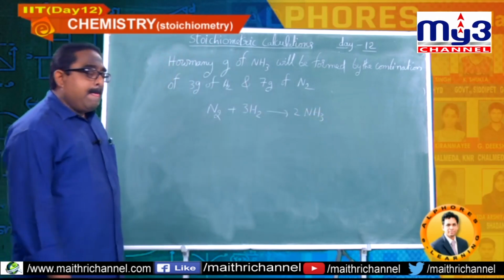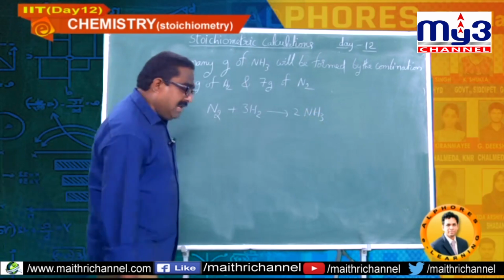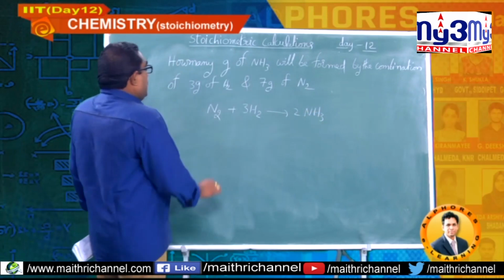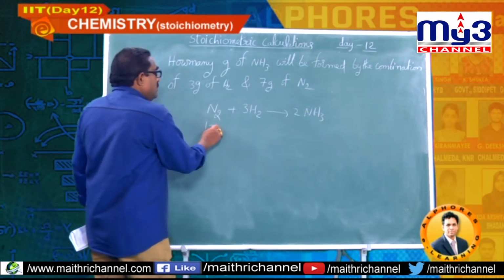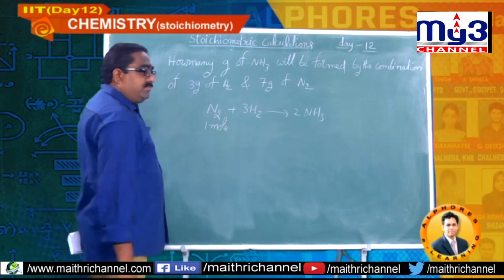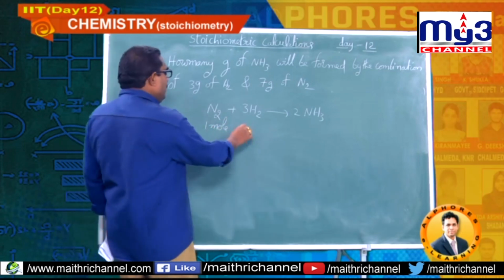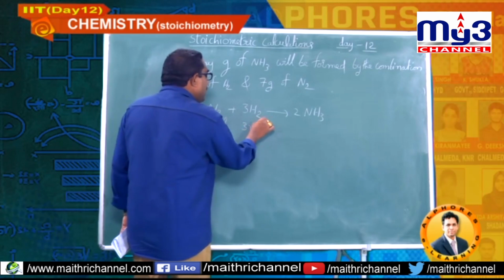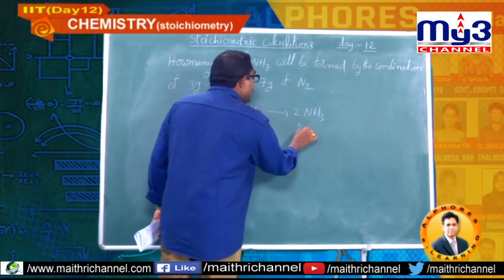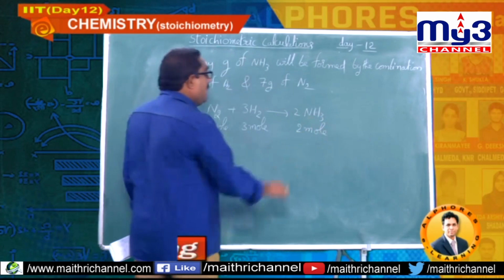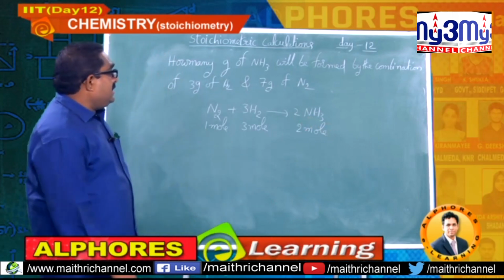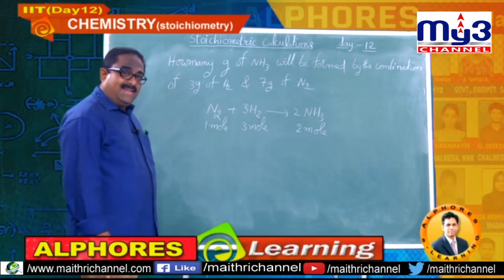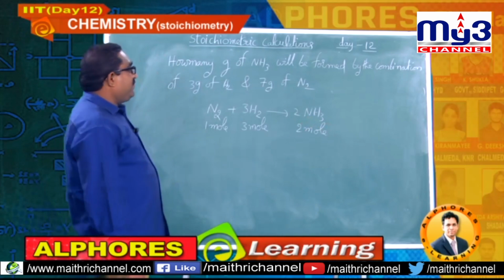This is the balanced chemical equation. Now I am writing moles. 1 mole of nitrogen combines with 3 moles of hydrogen to form 2 moles of ammonia. This I can write based on the balanced chemical equation.